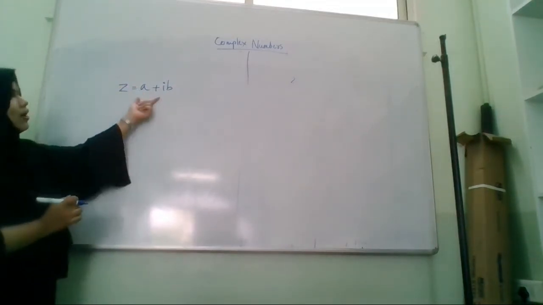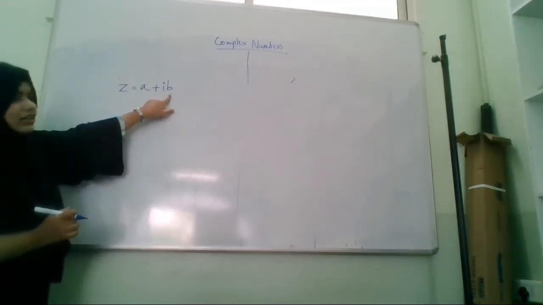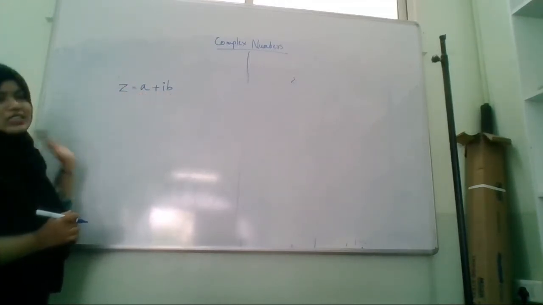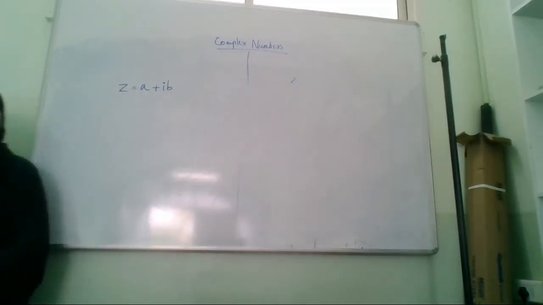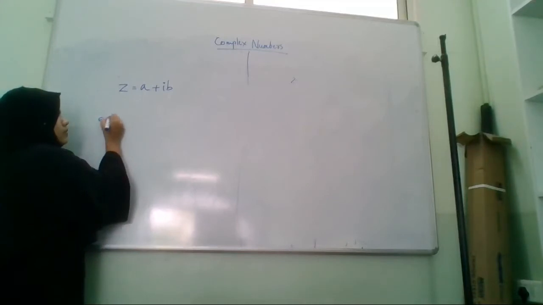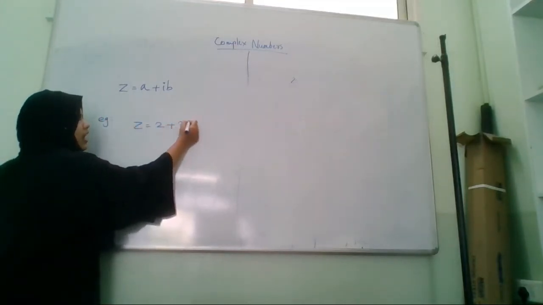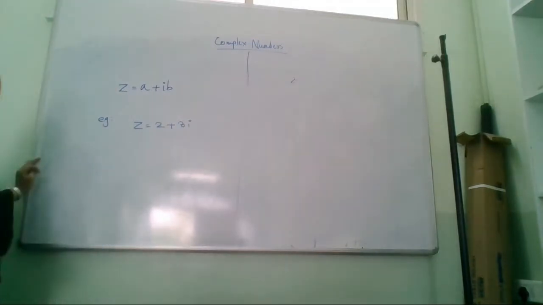A number of the form a plus ib, one part, another part, and always denoted by z, is called a complex number. For example, z equals 2 plus 3i. So this is your complex number.